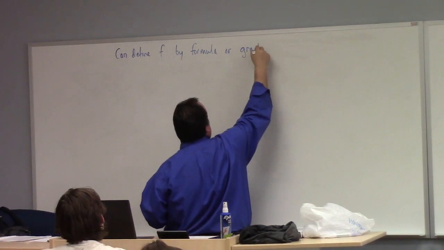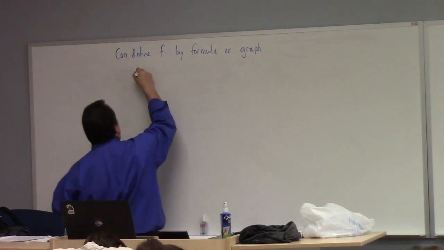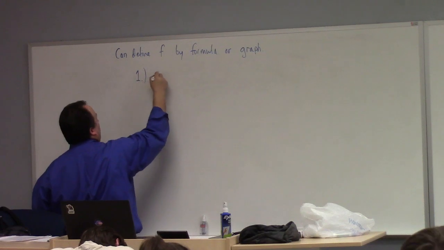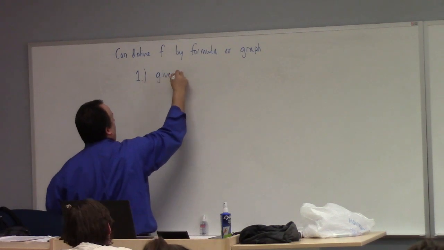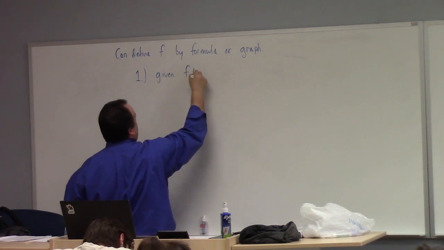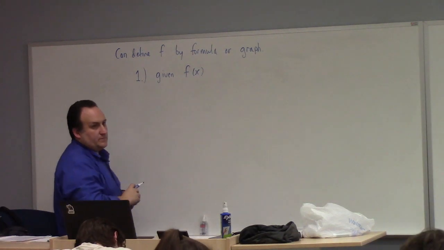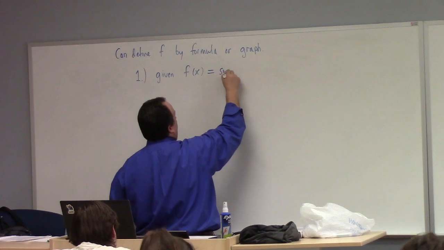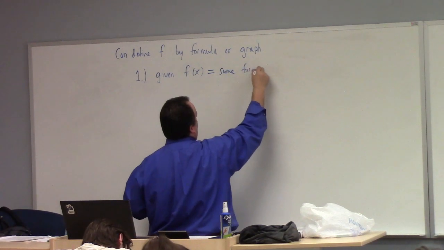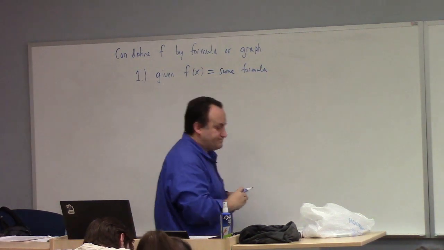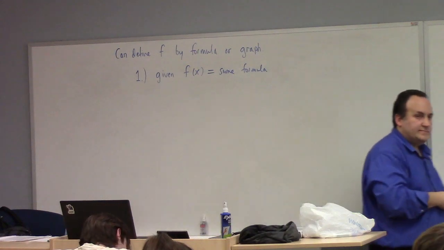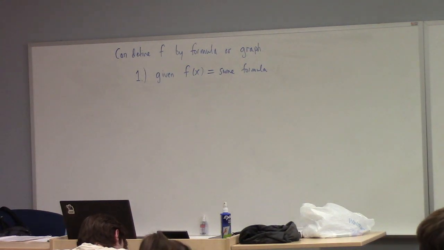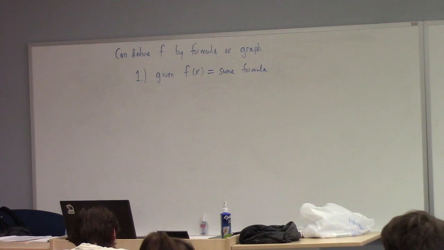So number one, you're given f of x equals some formula. That's one way. Oftentimes that's the way we do it. Some formula in x is what I'm talking about.